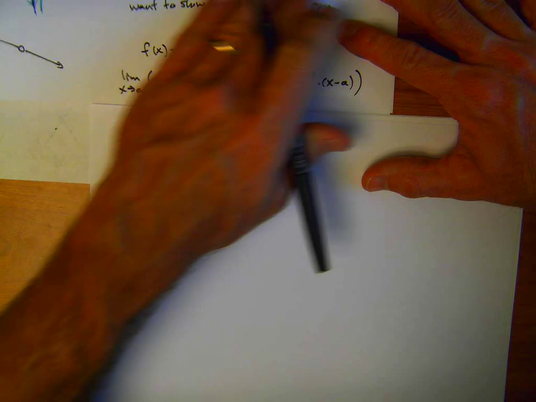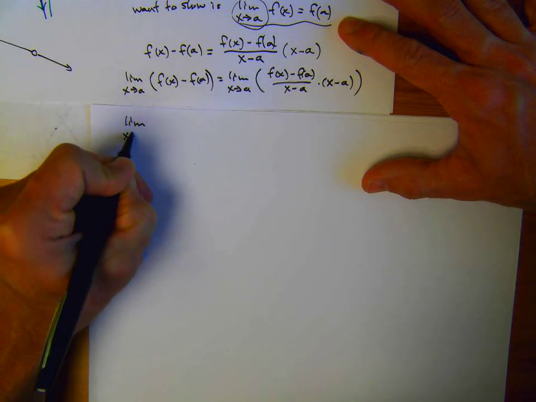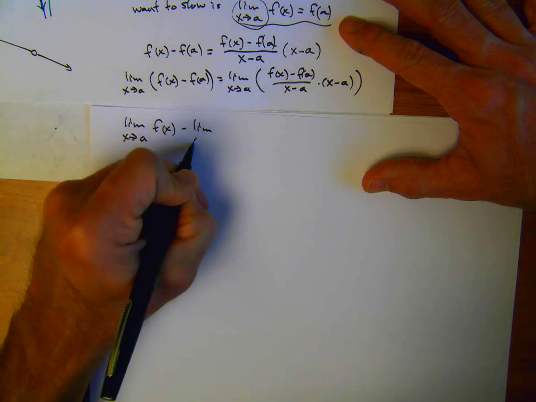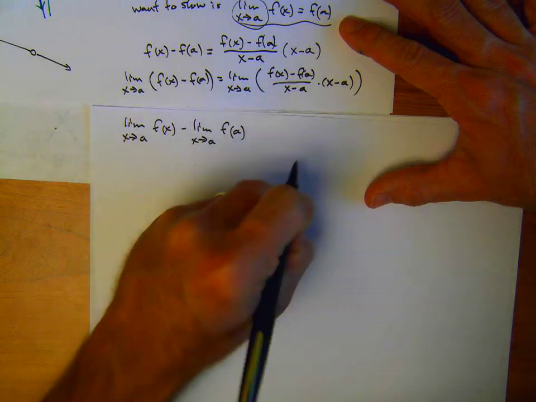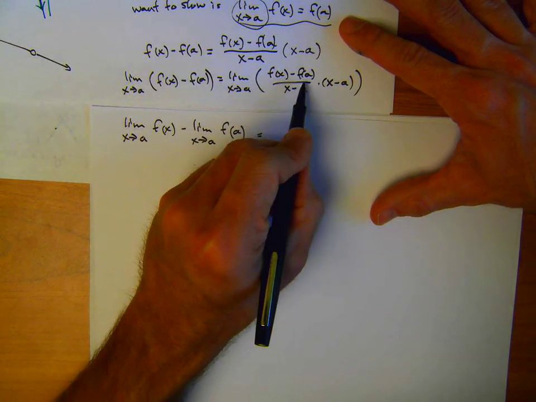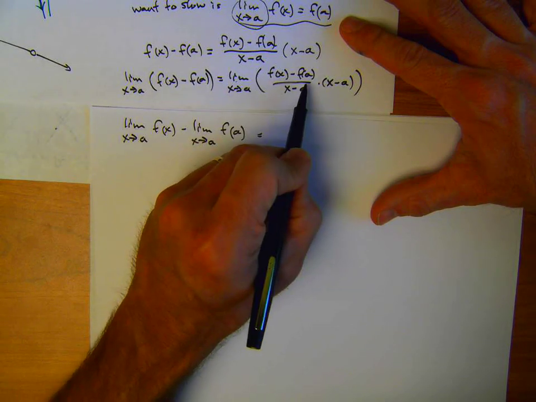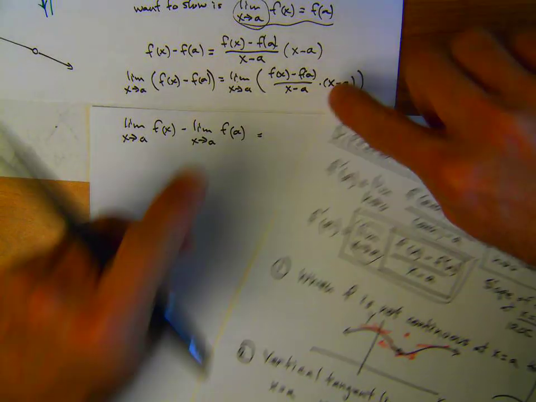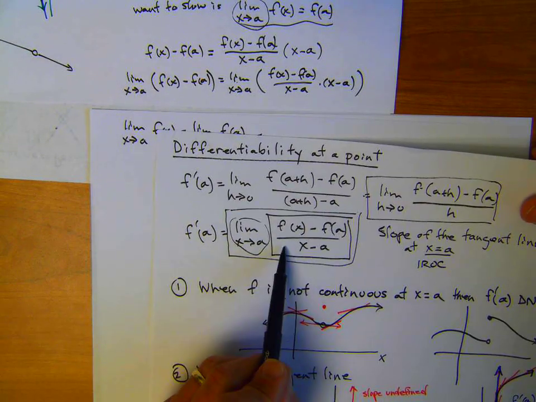So now I have the limit as x approaches a of f of x minus the limit as x approaches a of f of a. I also know that the limit of a product is the product of the limits as long as those limits exist. I know this first limit exists because, going back to this limit right here, we assumed that f was differentiable, and that's what this means.